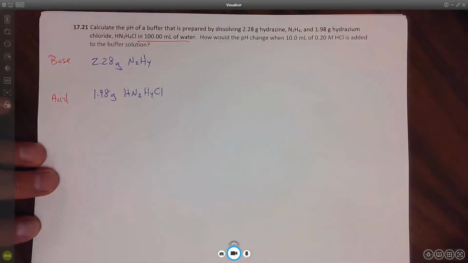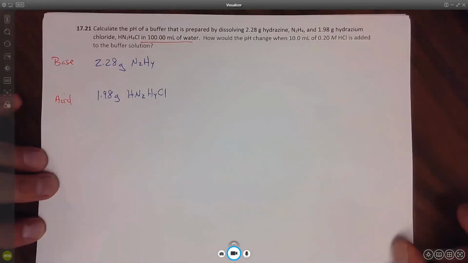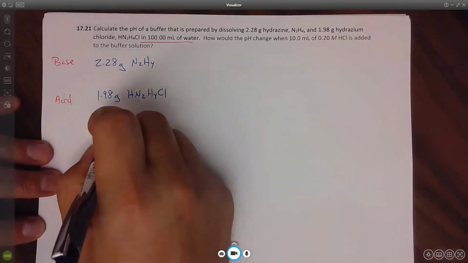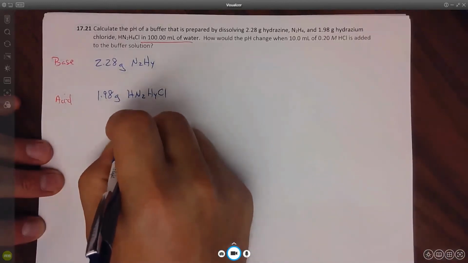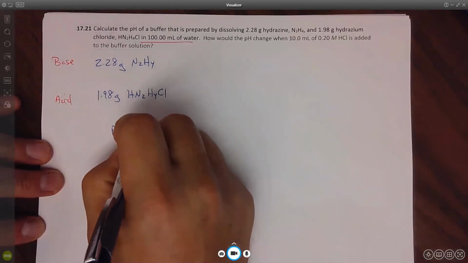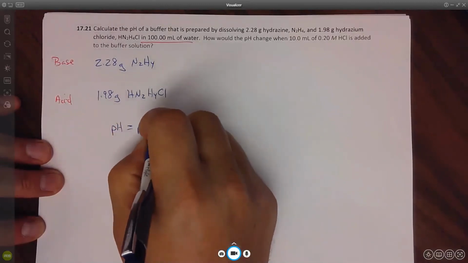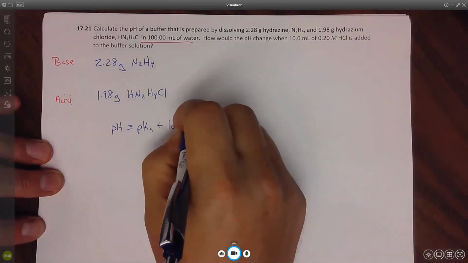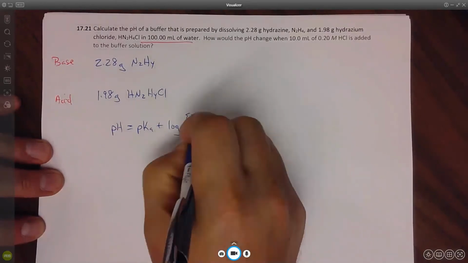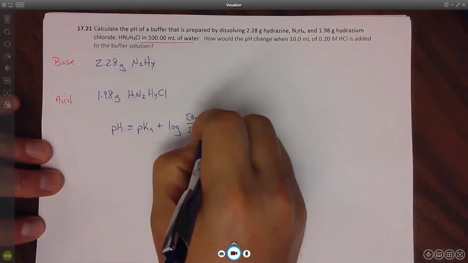As soon as you hear buffer, you should think of the Henderson-Hasselbalch equation, which says the pH is equal to the pKa plus the log of the concentration of the base over the concentration of the acid.